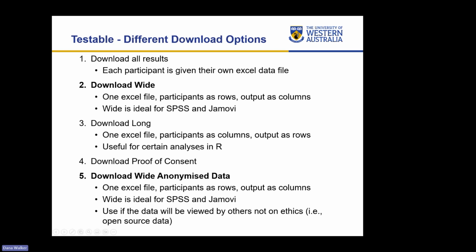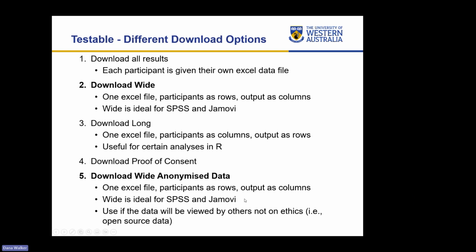One of the main differences for me anyway is that this data has the Testable Minds ID, so I can make sure that my data is linked to a specific Testable Minds ID, whereas this one does not. In your cases, you might need to see information about your participant for the analysis, so you need to use this file. Whereas if you don't need to see the participant ID or anything like that, this data is fine to analyze.